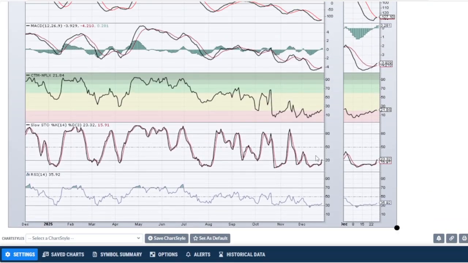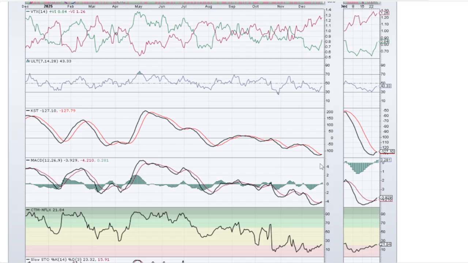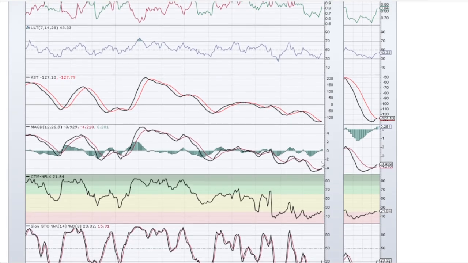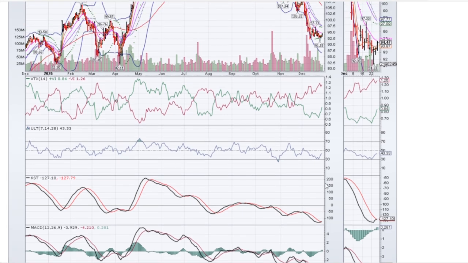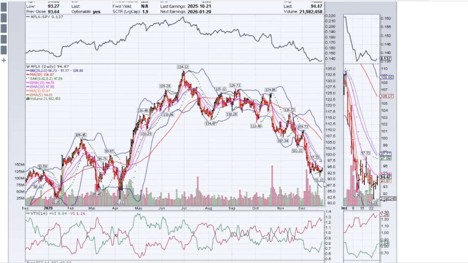And if you look here at the slow stochastics, it's below 20. So this would say that some would say that this is probably oversold. The pricing no short is below negative 100, which sets the tone that this stock probably has some upside.